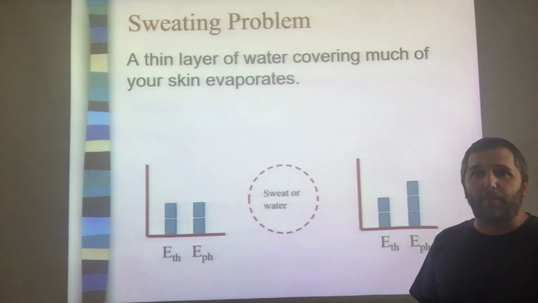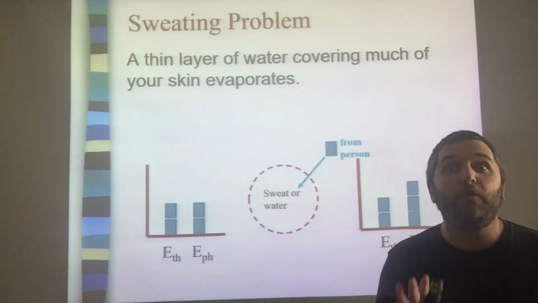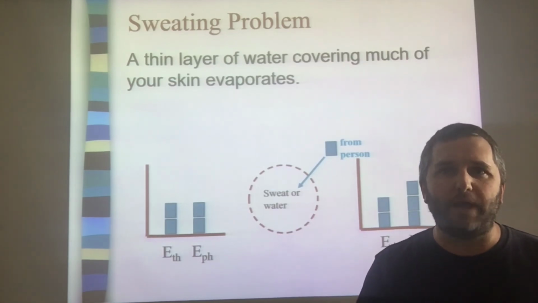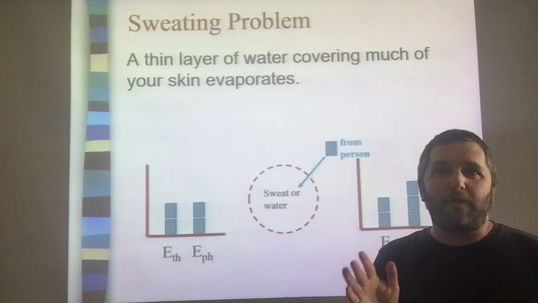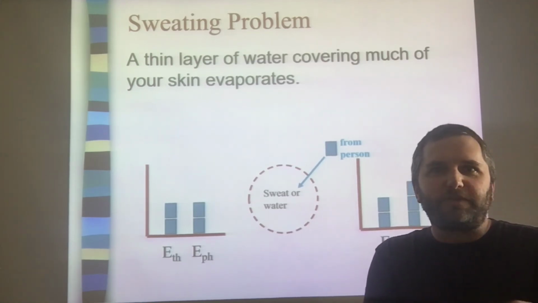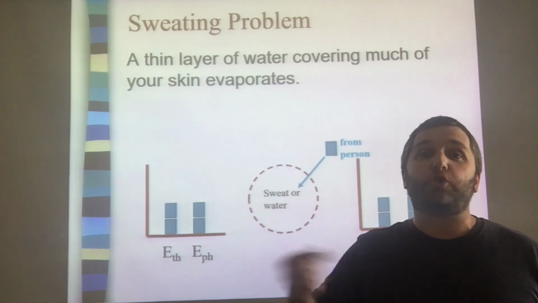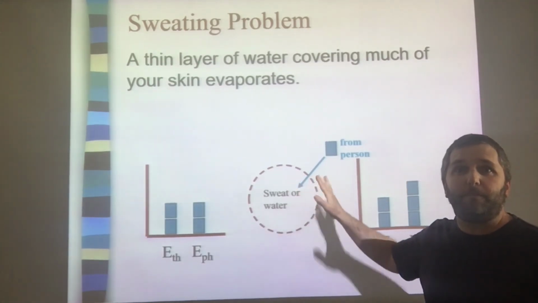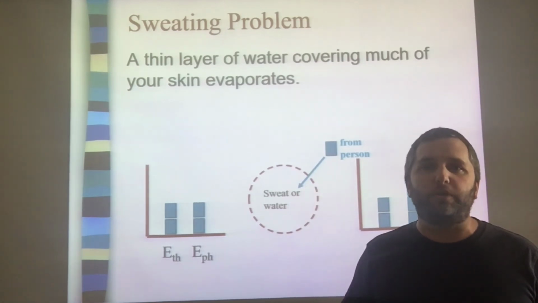It has 1 extra bar. Well, it's coming from you. That's how sweat cools you down. If you've ever been in a lake or a pool and you notice that when you get out it actually feels colder than when you're in it, that very well may be due to that evaporative cooling happening.